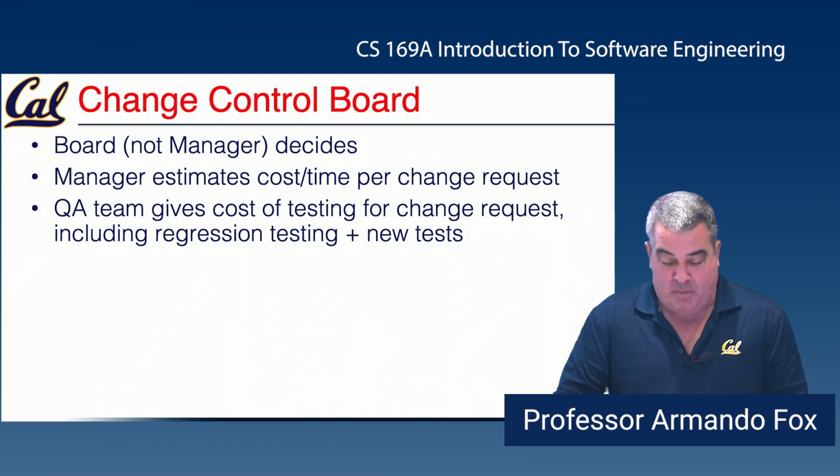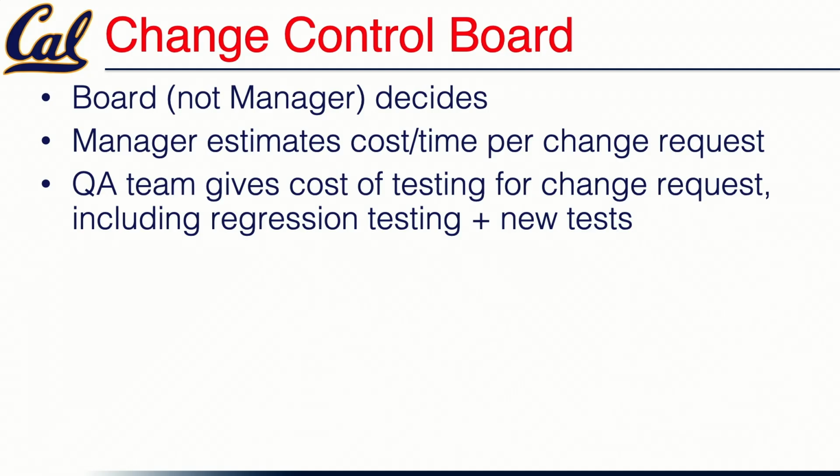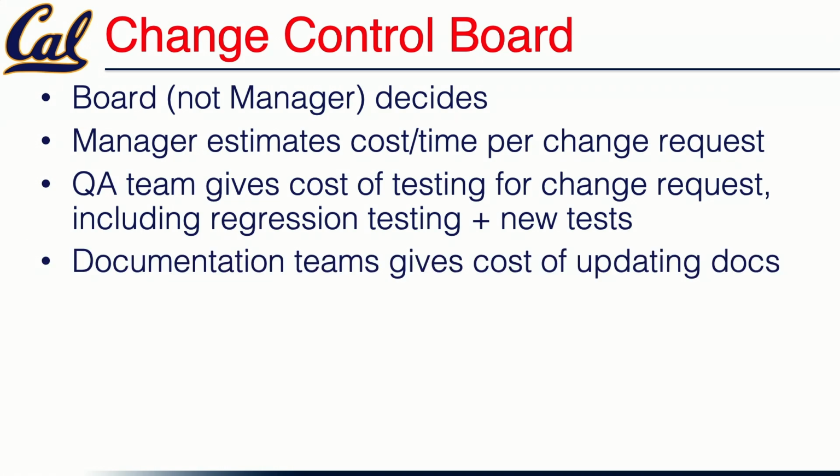The QA team is supposed to estimate how long it will take to test because, as we've said, in more traditional top-down projects, often the responsibility for testing in QA is more separated from developers as compared to Agile. There's a documentation team whose job it is to make sure the documentation is in touch with what the product actually does, so they have to give an estimate for what they think it will cost to do those updates.